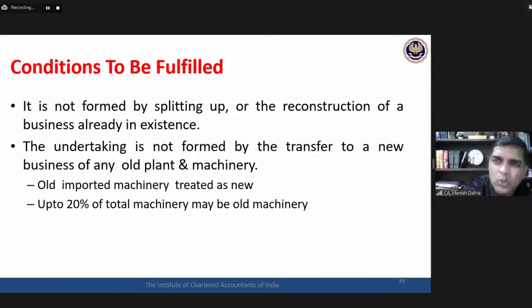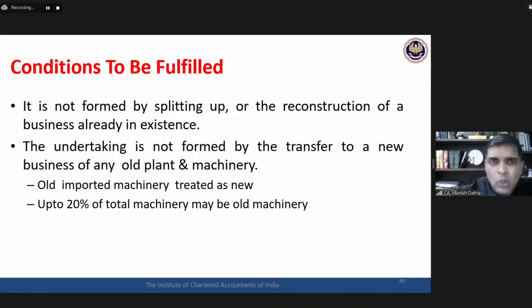Out of your total plant and machinery, you can use 20% as old. Considering imported as new, out of your total plant and machinery, you may have an 80-20 ratio. If 80% is new and 20% is old, still this will do. We will give you this exemption for startups.